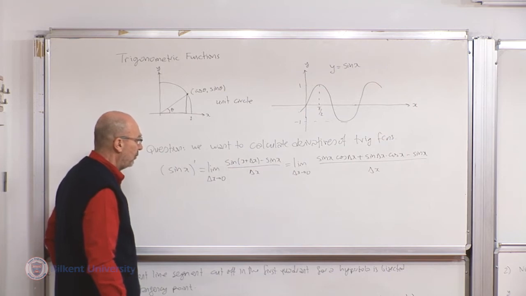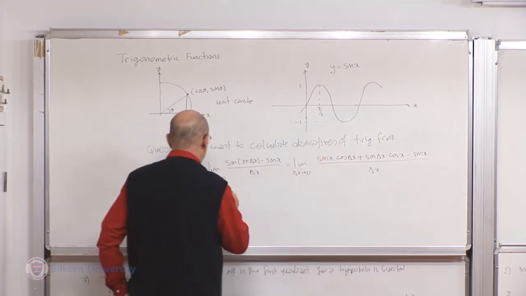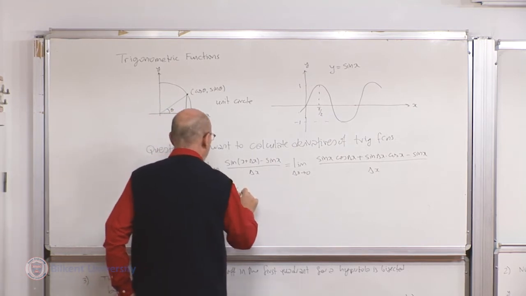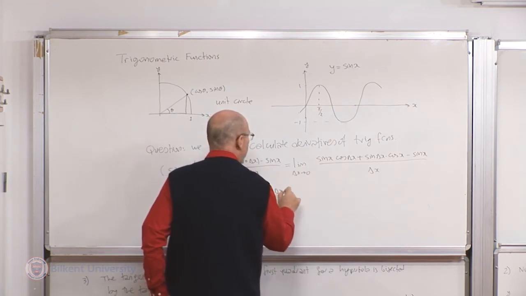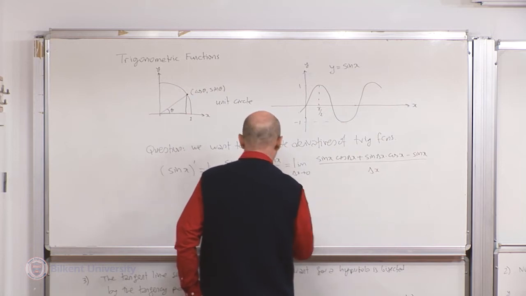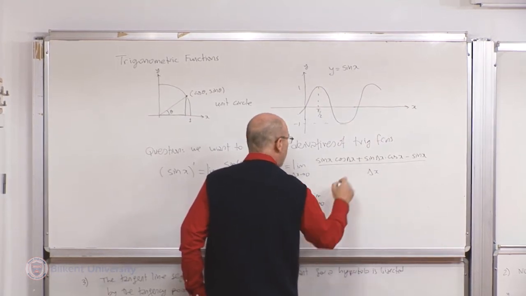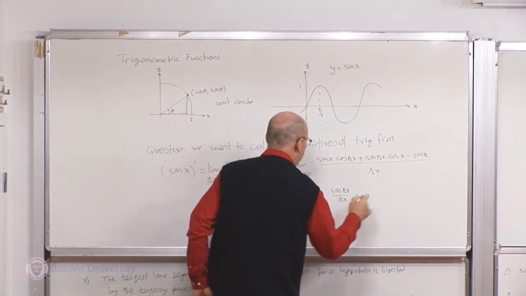So we can take sine x out: the limit as delta x goes to 0 of sine x times cosine delta x minus 1 over delta x, plus another limit for the other term, the limit as delta x goes to 0 of sine delta x over delta x, times cosine x.